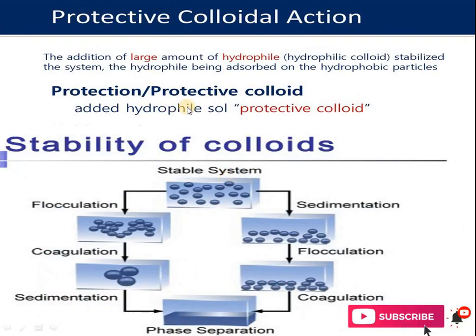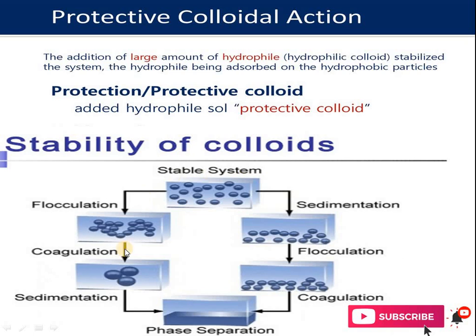So the protective colloid is basically the addition of a large amount of hydrophilic or lyophilic colloid that stabilizes the system, stabilizes your lyophobic part and helps to protect the colloid. As for the stability of colloids, we can say unstable colloids sediment and flocculation takes place, and we have a phase separation. Similarly, after flocculation we have coagulation, and after that sedimentation.